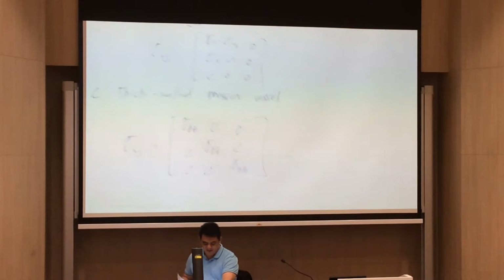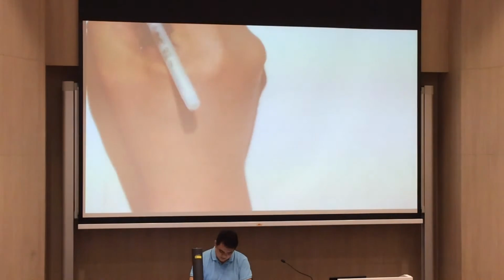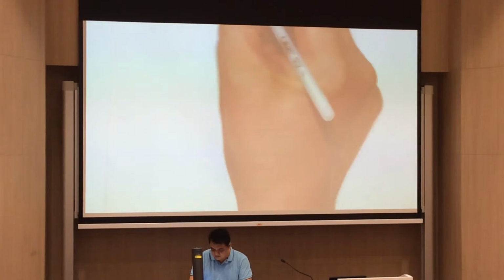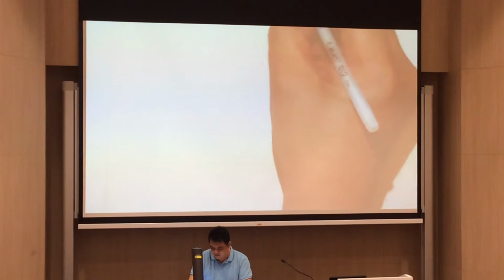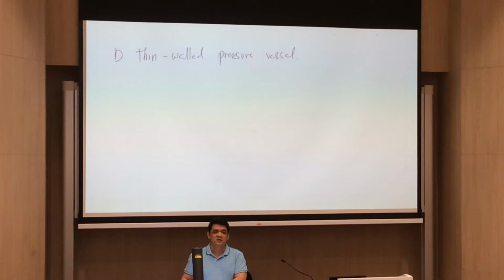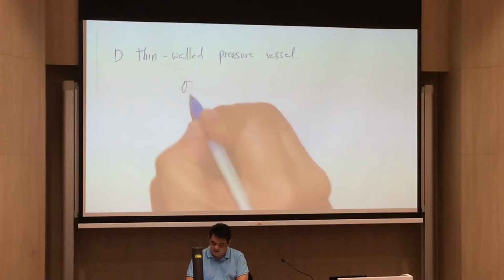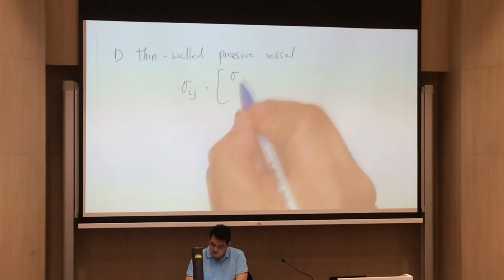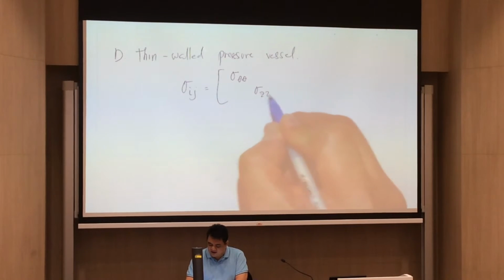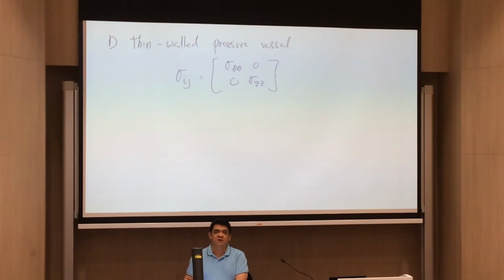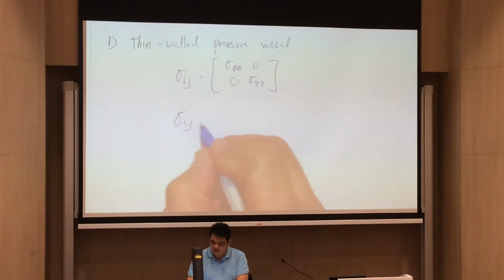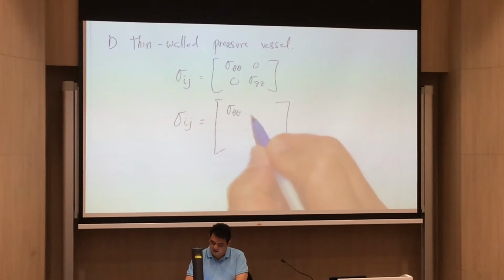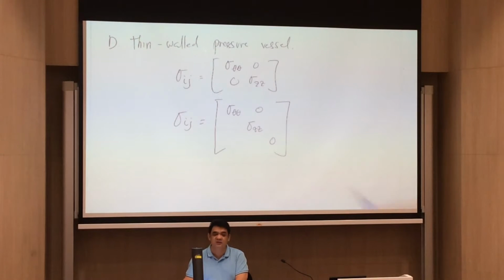What about the thin wall? If we're going to write the thin wall pressure vessel, that's sigma ij. If we're using a 2 by 2 matrix, that's simply sigma theta theta, sigma zz. But if you want to write it in a 3-dimensional space or a 3 by 3 tensor, then we have sigma theta theta, sigma zz, and your radial stress will be 0.